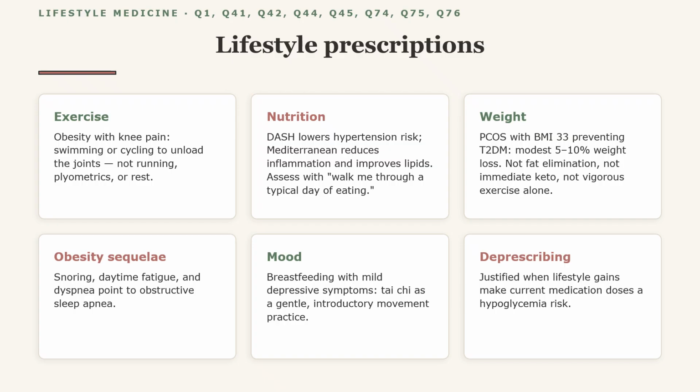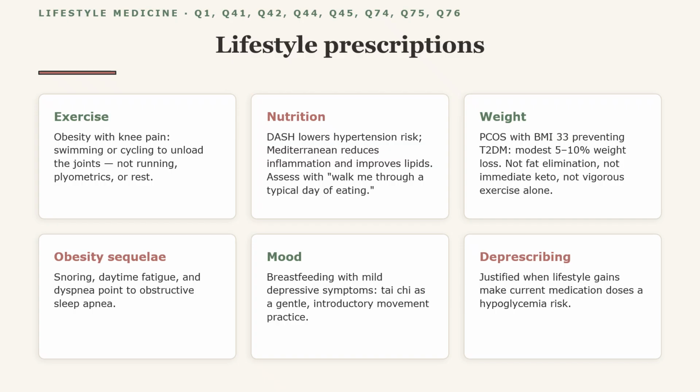Now, PCOS, that's polycystic ovarian syndrome. Typically, we're using this as a patient example. She has a BMI of 33, preventing T2DM, modest 5 to 10% weight loss, no fat elimination, no immediate keto, no vigorous exercise alone.